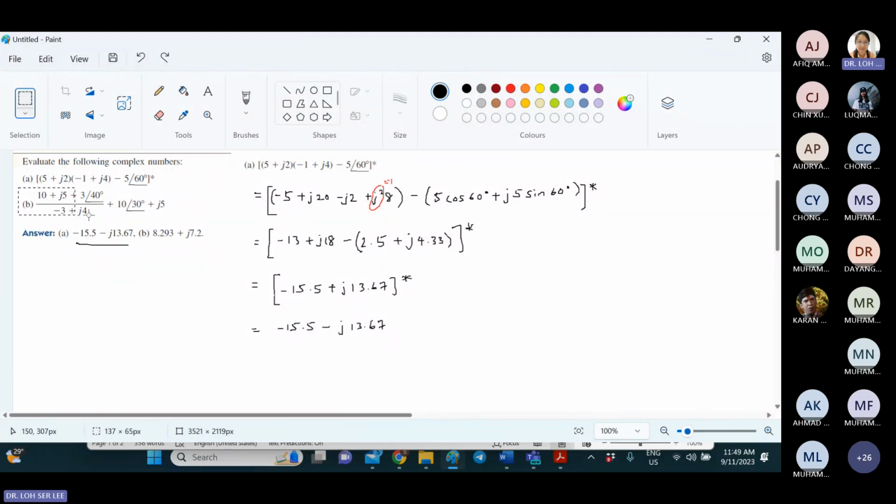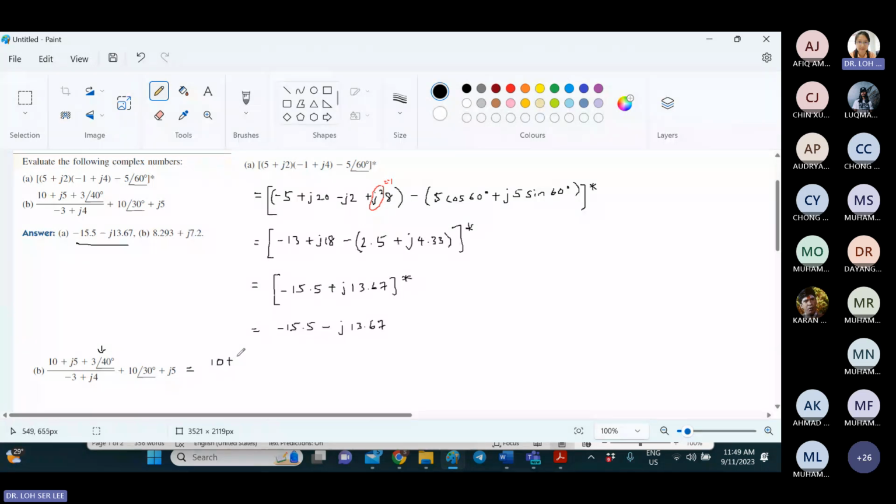Okay, question B. Here. Okay, have you done question A? Yes. Okay, good. Now we look at question B. Complex number plus complex number. That means this should be in rectangular form.